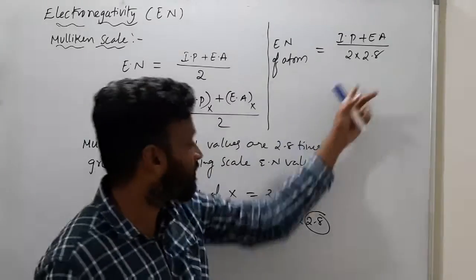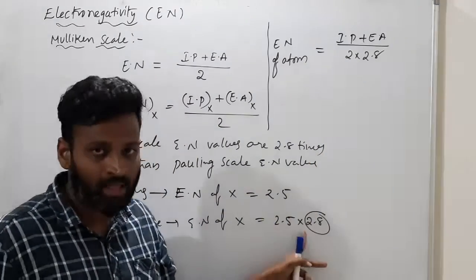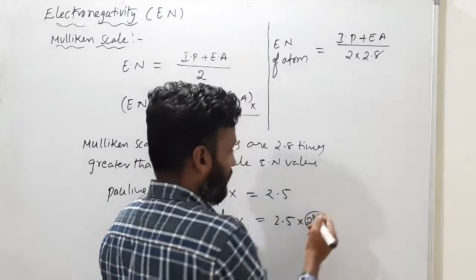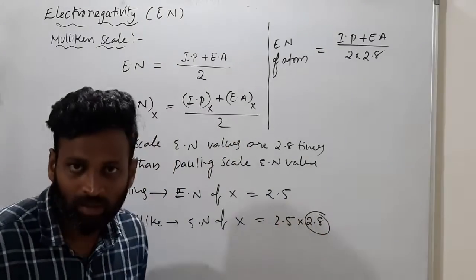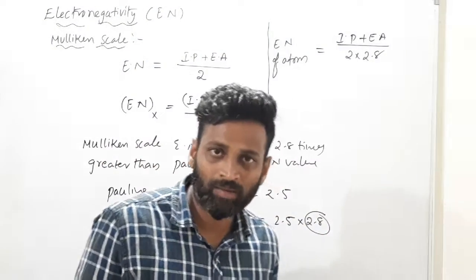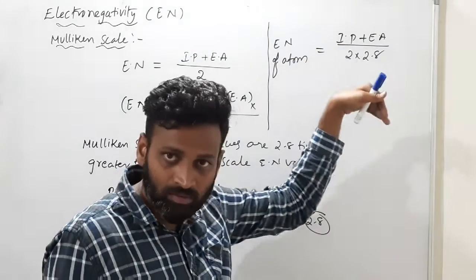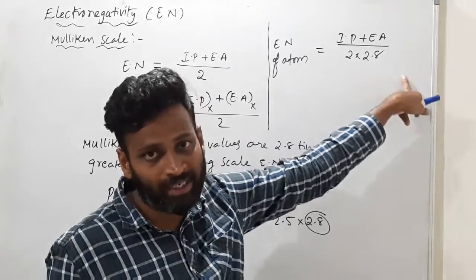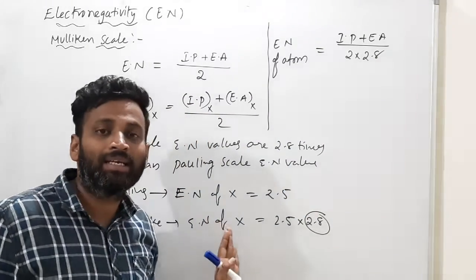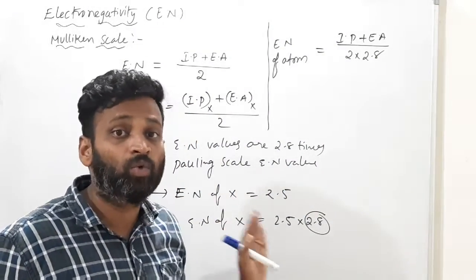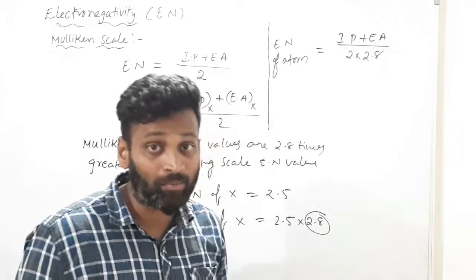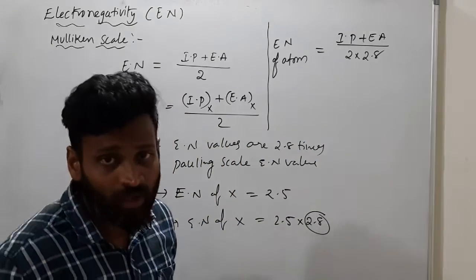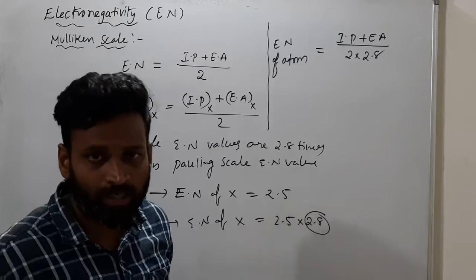Why did we divide? Because the values are 2.8 times higher. If you divide by 2.8, then the 2.8 will cancel or not? So we have to reduce the value, meaning we have to divide by 2.8, because Mulliken scale electronegativity values are 2.8 times greater than Pauling scale electronegativity values. Got it clearly?